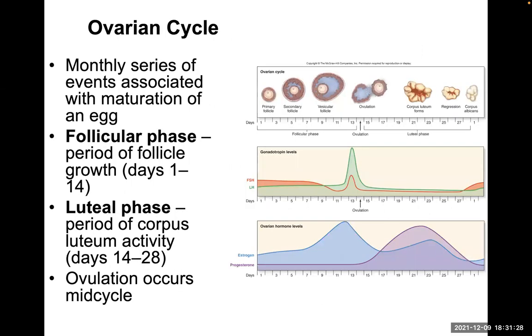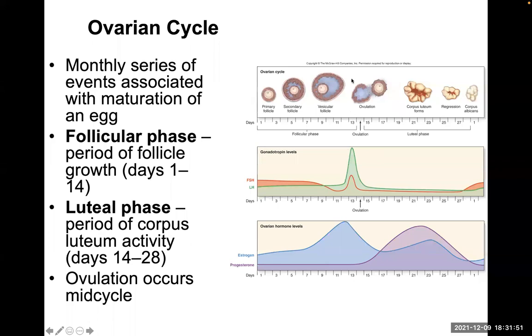Okay, so we're first going to go over what happens in the ovaries, and then we'll move in and talk about what's happening in the uterus. This is a picture from your textbook, and I really like it. My favorite of these diagrams, which I don't have until the end of this PowerPoint, also includes what's happening in the uterus down here.